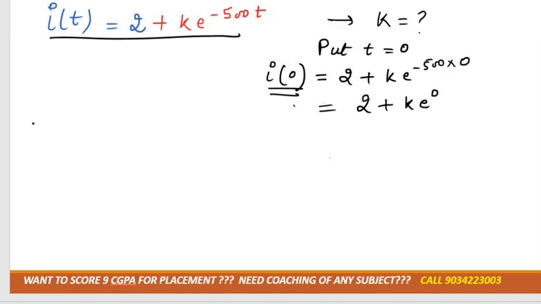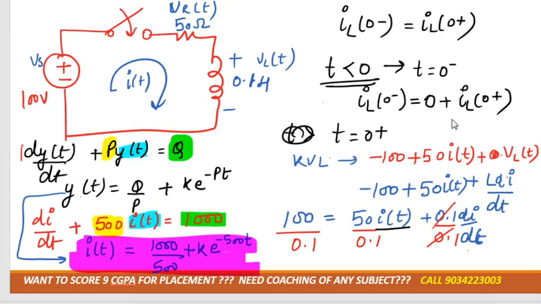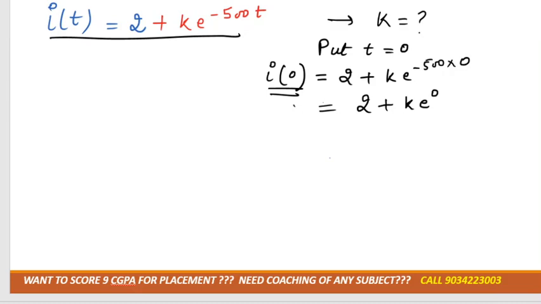I of 0 is IL of 0 plus, right? As you know, IL of 0 plus is how much? IL of 0 minus only, right? So ultimately we get 0 equal to 2 plus k, since e raised power 0 is 1. Okay, got it, k is minus 2, right?